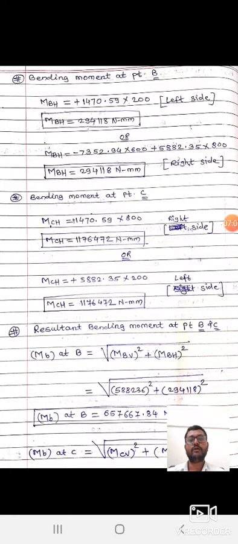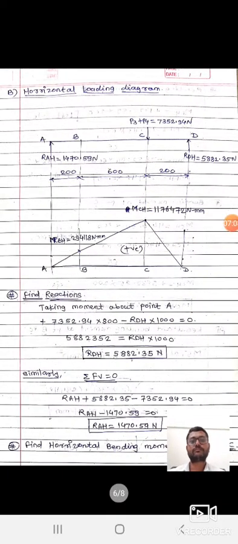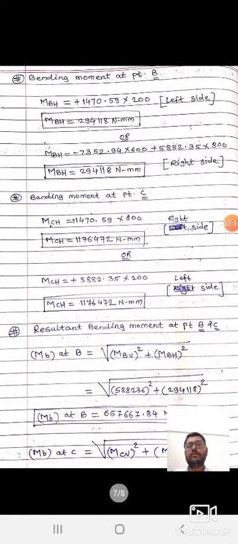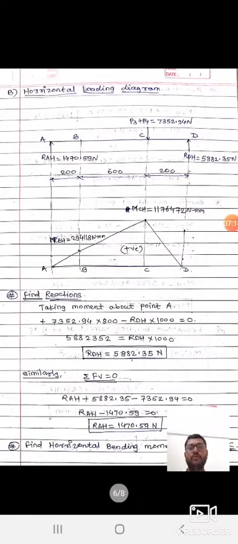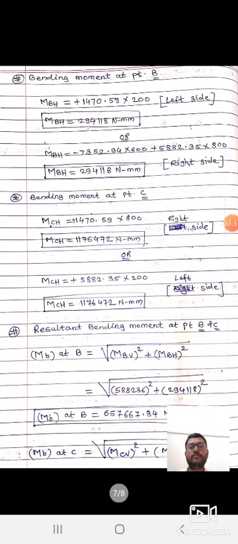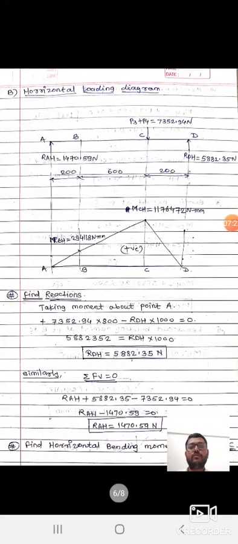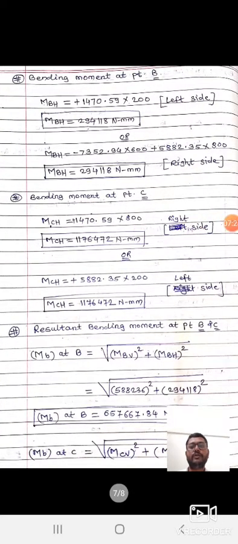Here for right side the force is 147059.8 into 800, that is left to the point C, and right to the point C is RDH 582.35, means you got the same answer. Bending moment at point C, horizontal bending moment, that is equal to 1176472 Newton mm.